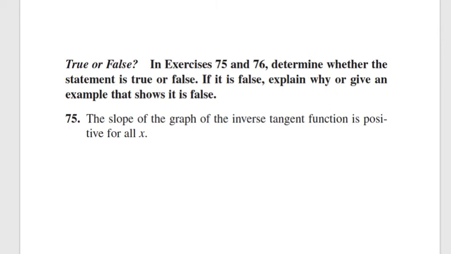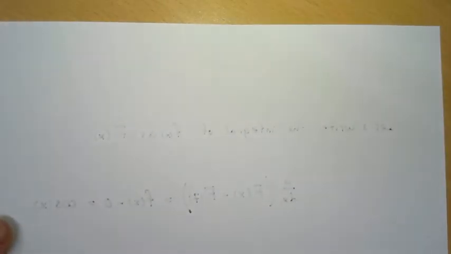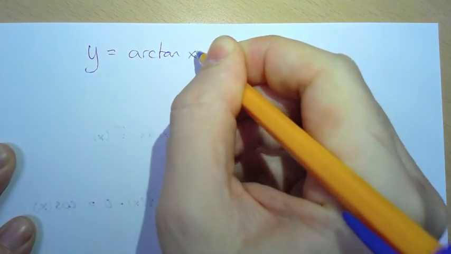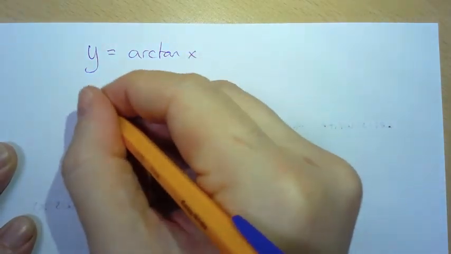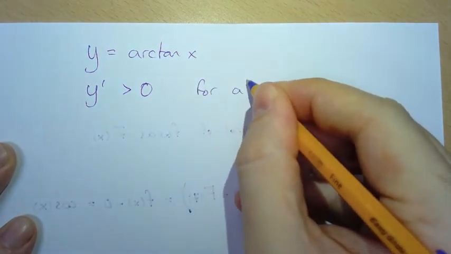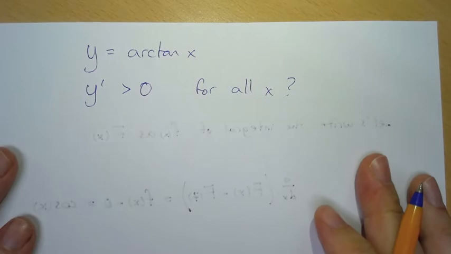Is that true or false? So we have y equals arctan of x, and the question is, is y prime greater than or equal to 0 for all x? Yes or no? We can approach this in two ways.